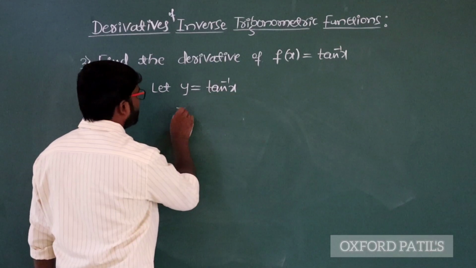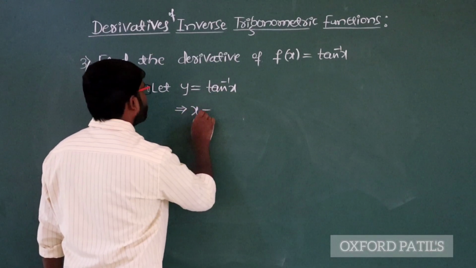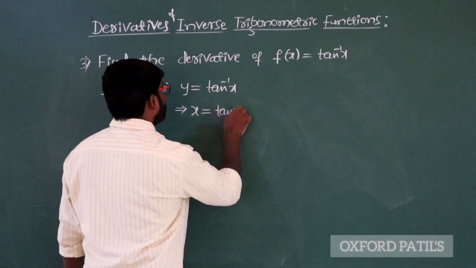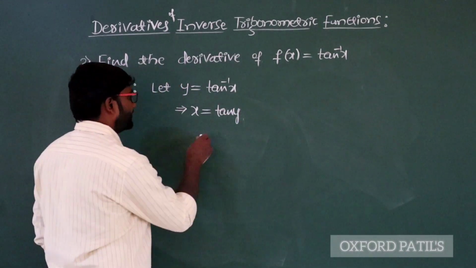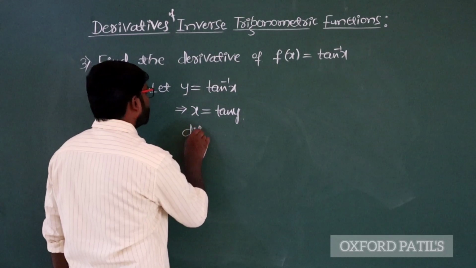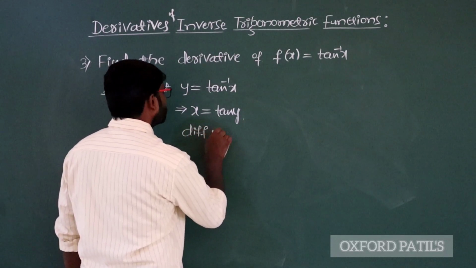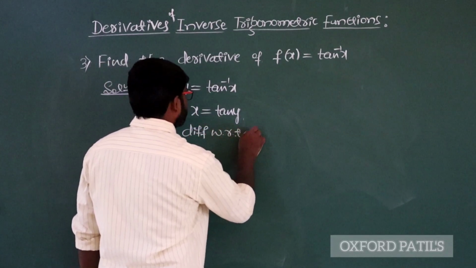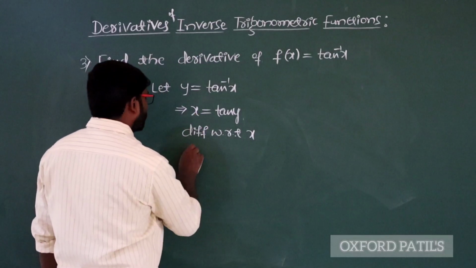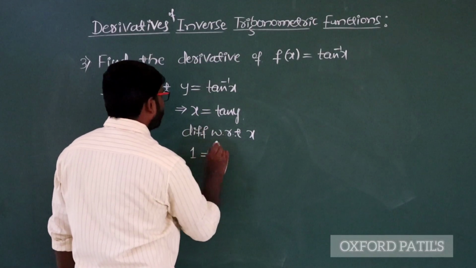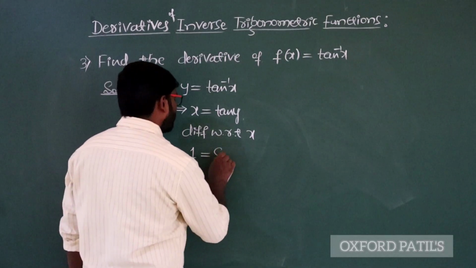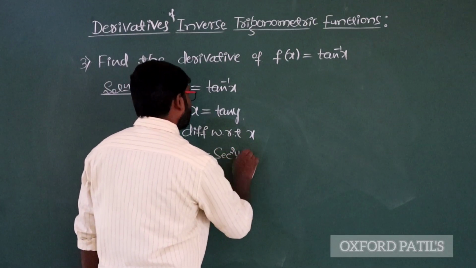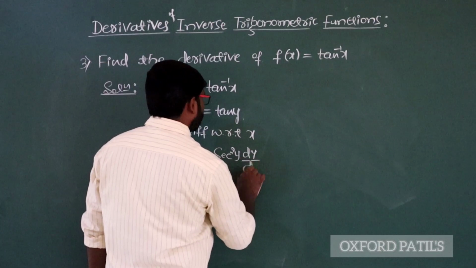From this, x equals tan y. Now we have to differentiate both the sides with respect to x. The derivative of x will be 1, then the derivative of tan y will be secant square y into dy by dx.